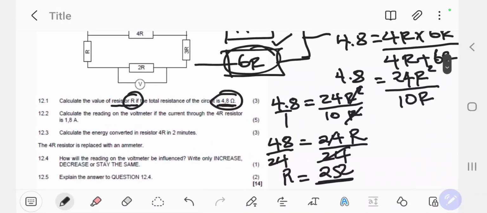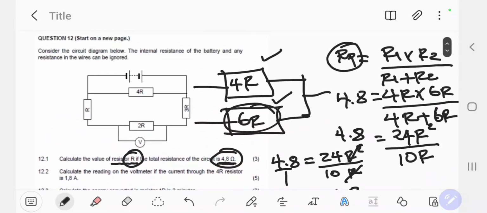Very simple. Can we just quickly recall what we did? The first thing was to determine the direction of the conventional current, and we found that the current is flowing in the clockwise direction. Then we realized that in 3R, 2R, and R, the current flowing there is the same, so we just added them.